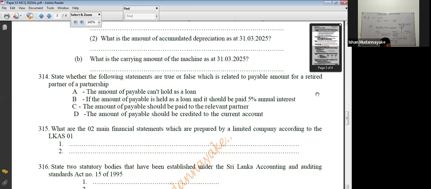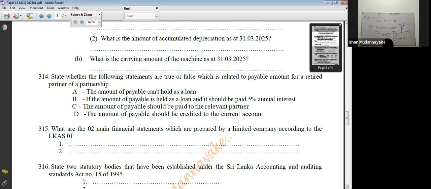First one: the amount payable cannot be held as a loan. True or false?